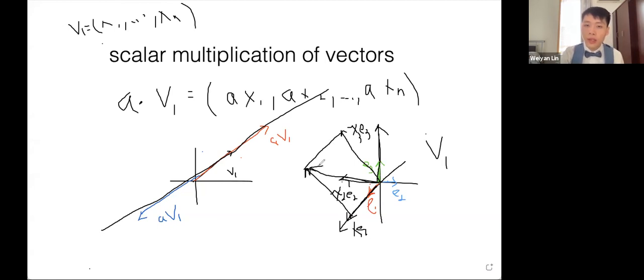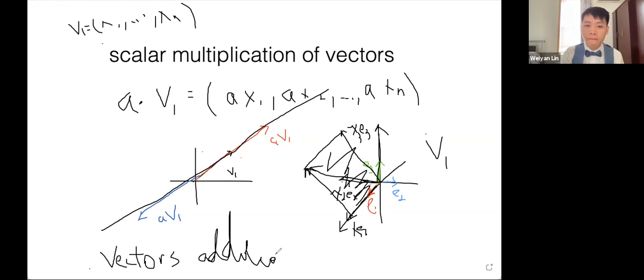The result would be this same diagonal vector, right? And the result should be the same. So that tells us another piece of information about vector addition: vector addition is associative.